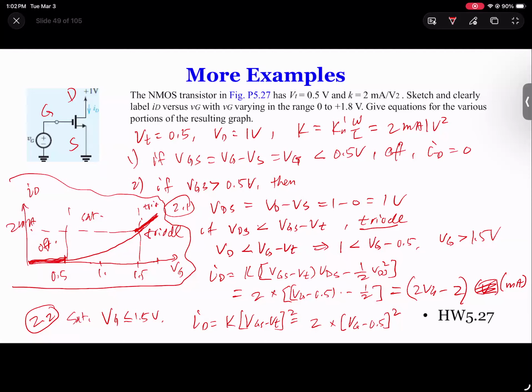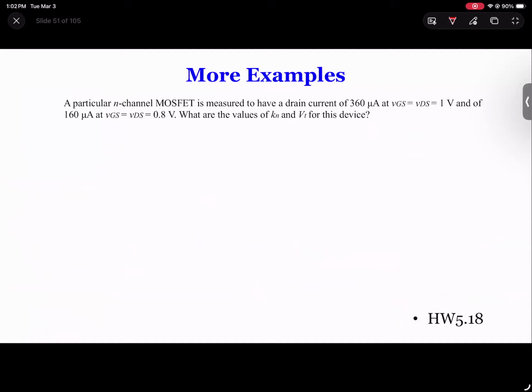So that's this example. Apparently, this is not that difficult, I would say.